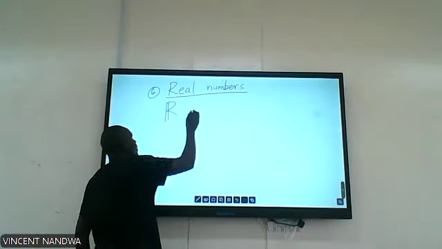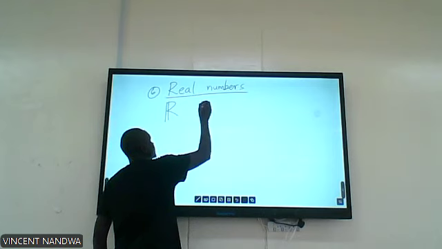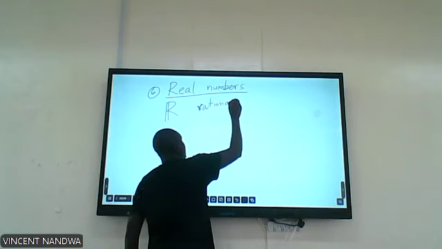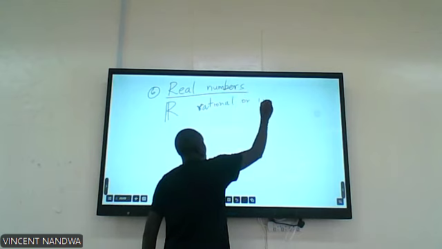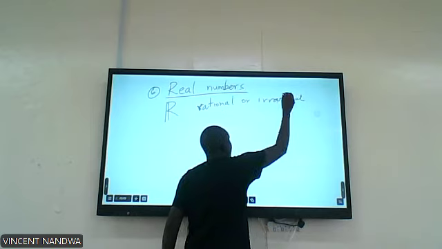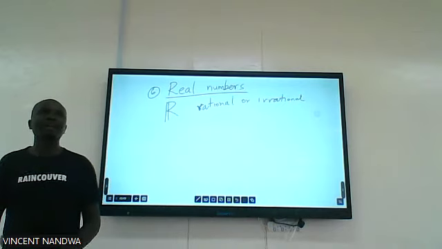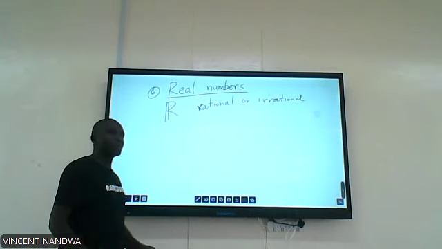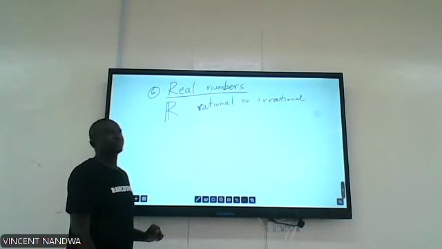It's simply a number which is rational or irrational. Any number which is either rational or irrational is a real number. And probably all the numbers you know are real numbers.